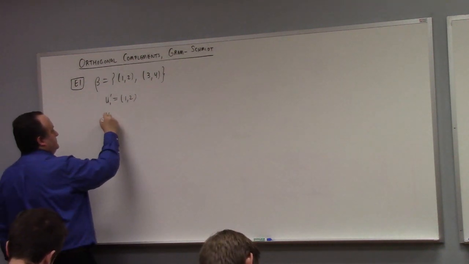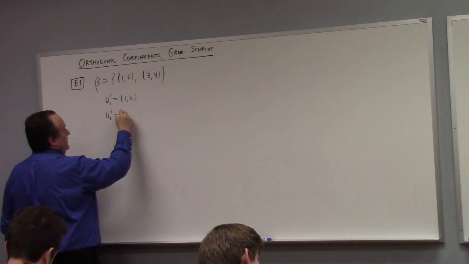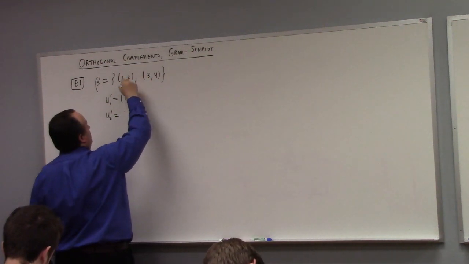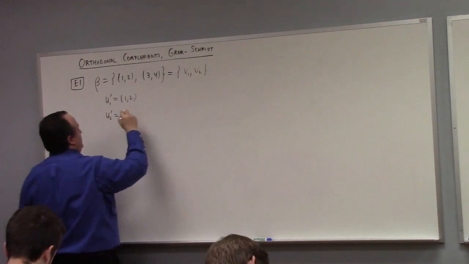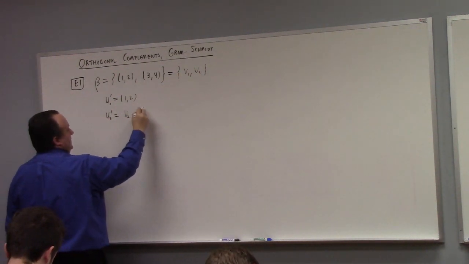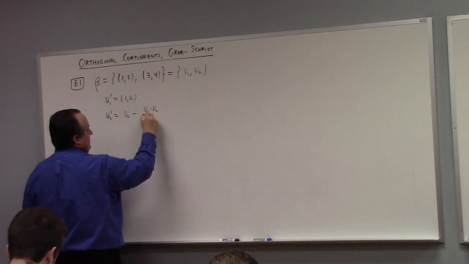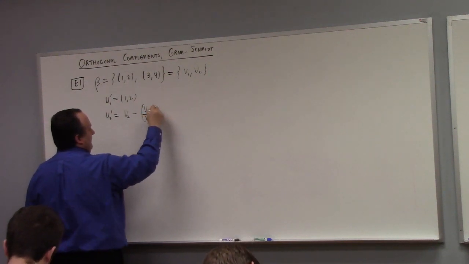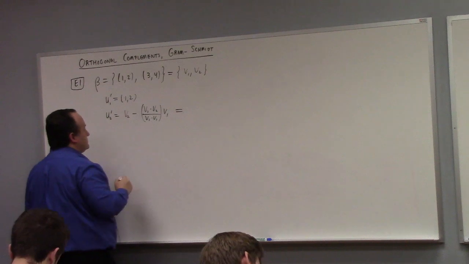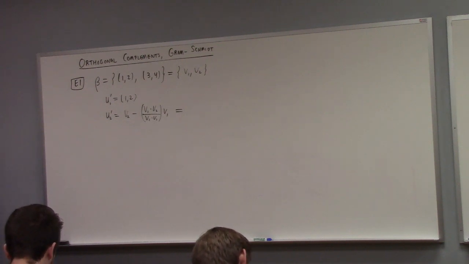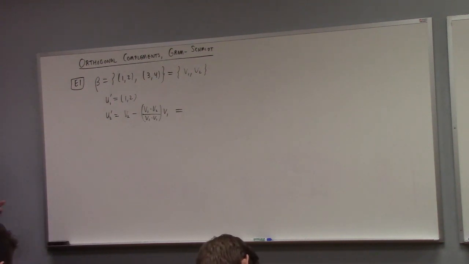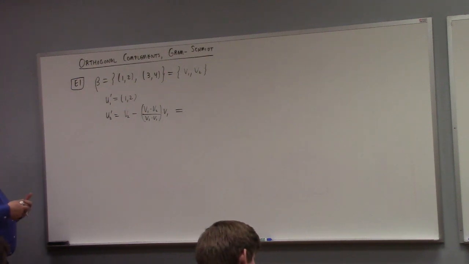Then u2 prime, and by the way, this is v1, v2, is going to be v2 minus v1 dot v2 divided by v1 dot v1 times v1. That's the orthogonal projection of v2 with respect to v1.